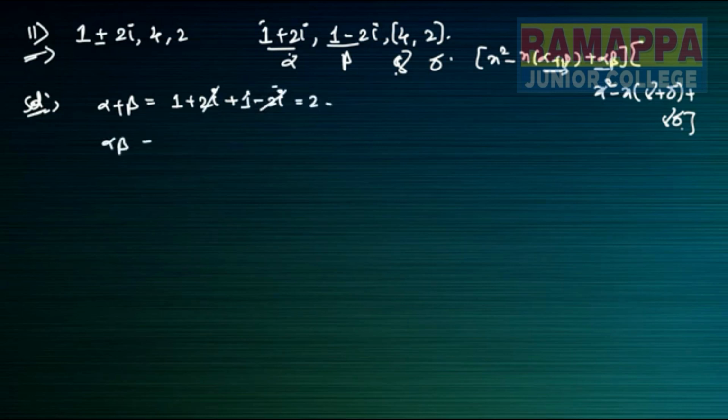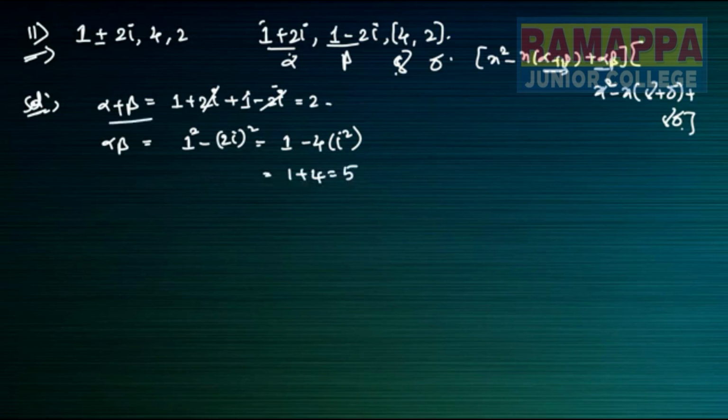Now alpha into beta is 1 minus (2i) whole square, so 2 square is 4, so 1 minus 4 into i square. I square is equal to minus 1, so it becomes 1 plus 4, which is 5. So alpha plus beta is equal to 2, and alpha into beta is equal to 5. We'll substitute these in the equation after finding the other values.